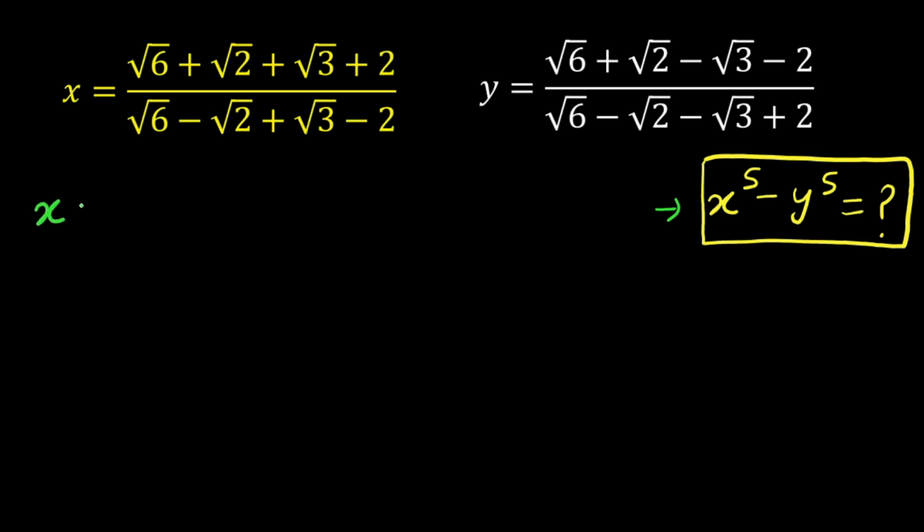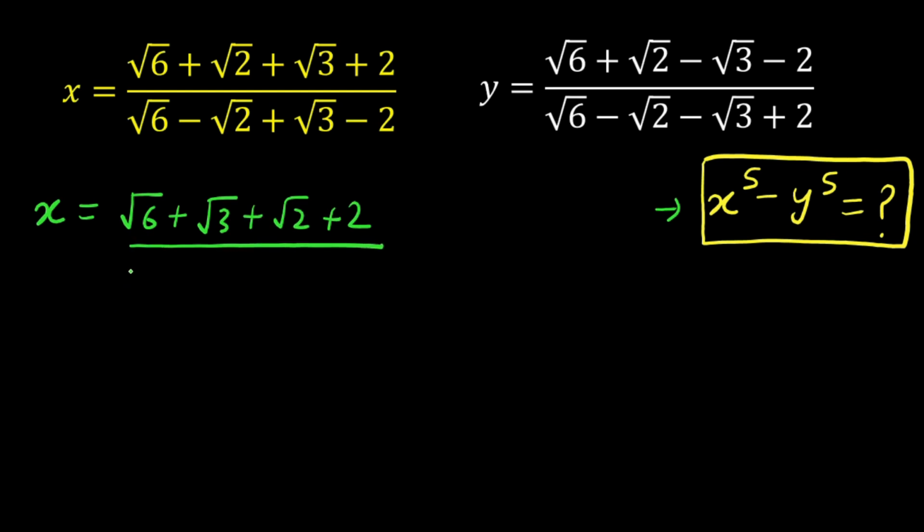We have x = (√6 + √3 + √2 + 2) / (√6 + √3 − √2 − 2).